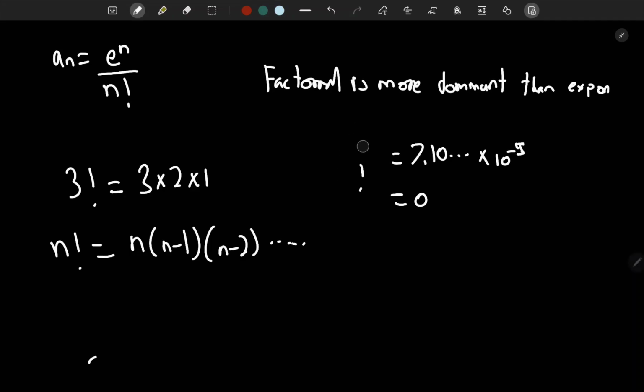So one thing to keep in mind is factorial is a more dominant function than exponential, unless you have n to the power of n, where the base is n, which is increasing. In this case we have e, which is a constant, right? So this case is even more dominant than a factorial.